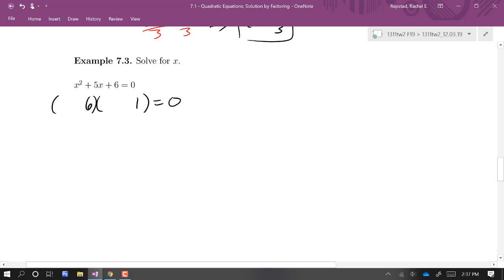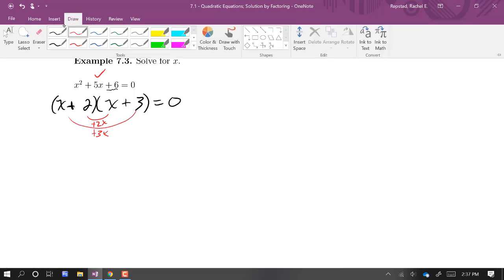Both plus or both minus, since they multiply out to a positive 6. 2 and 3? Well, x plus 2, x plus 3. Yeah, that'll work because then we get plus 2x and plus 3x, and that gives us the plus 5x. Great.